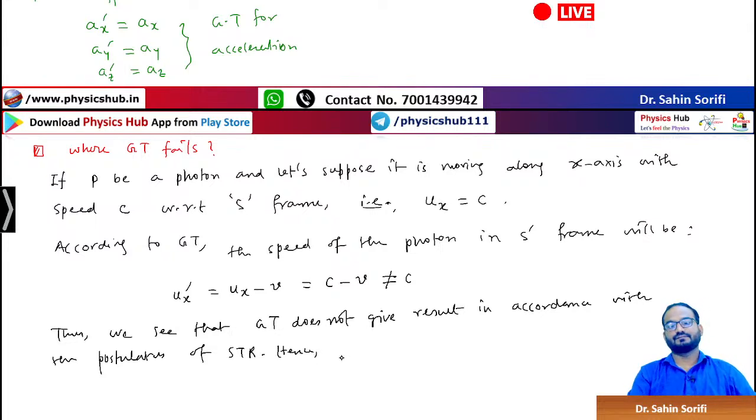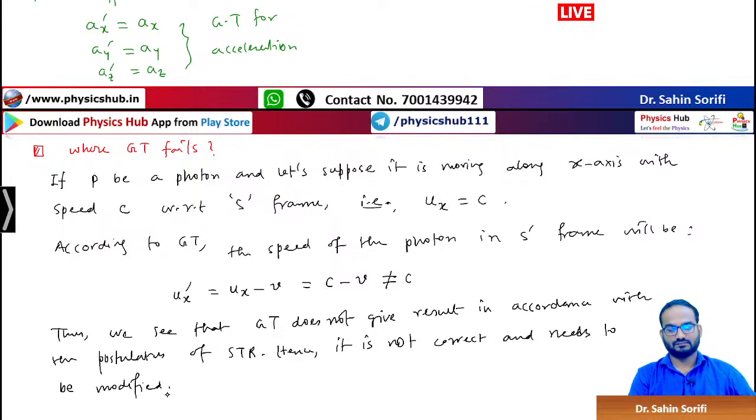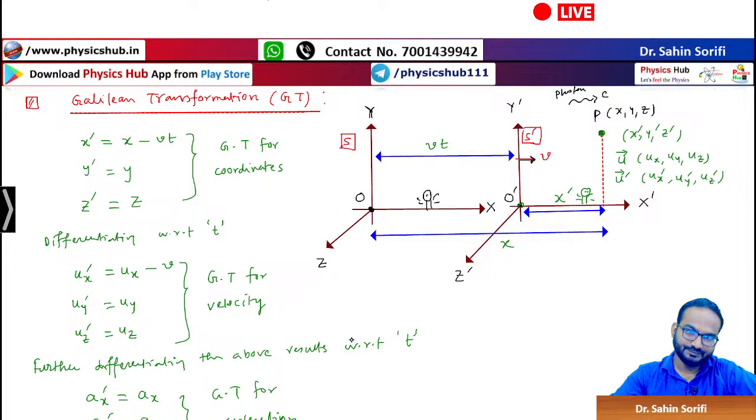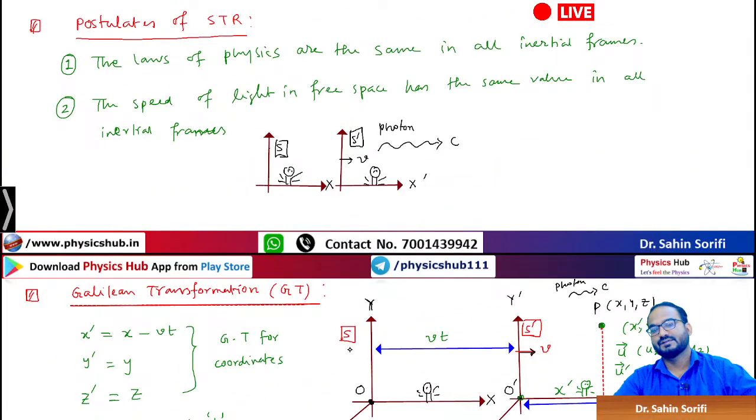Hence, it is not correct and needs to be modified. Yes, instead of c minus v, it should have been c, right? As per the second postulate, the speed of light in free space has the same value in all inertial frames.